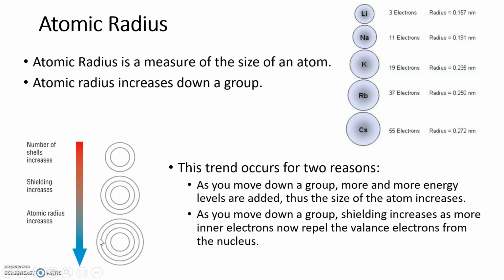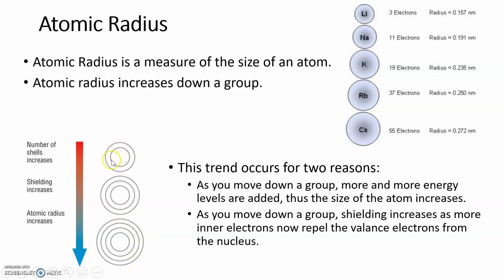The second reason that the atoms are getting bigger as you move down is you're adding more and more shielding from those inner electrons. So as we looked at before, if this were potassium, we'd have all these energy levels full of electrons or filling up with electrons, and that's a lot more shielding. That's a lot more blocking of the nucleus from these outer electrons, the valence electrons, than this atom here would have.